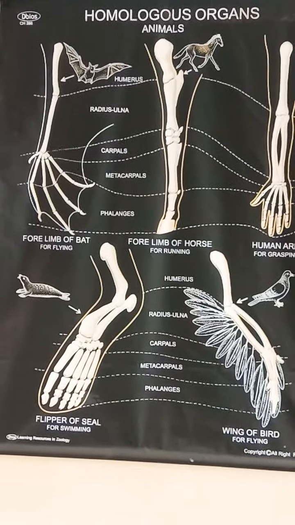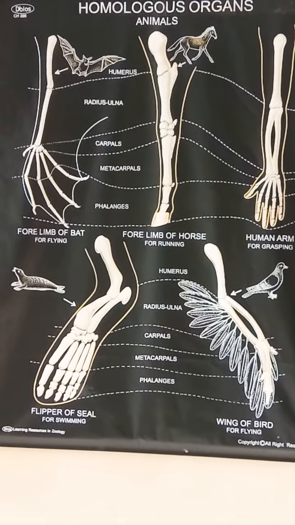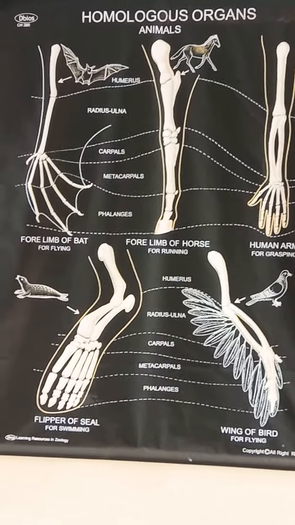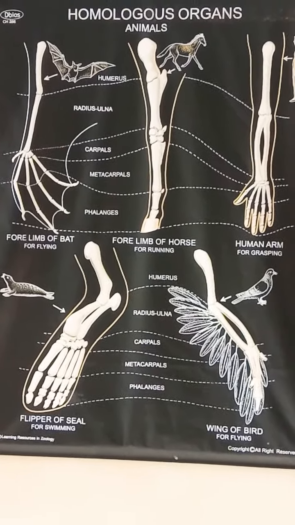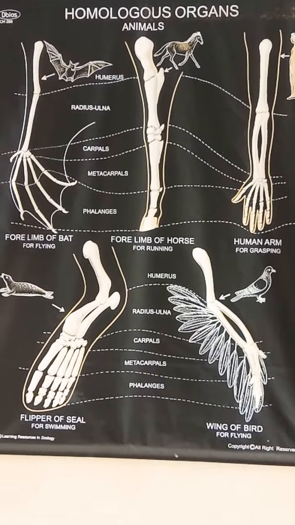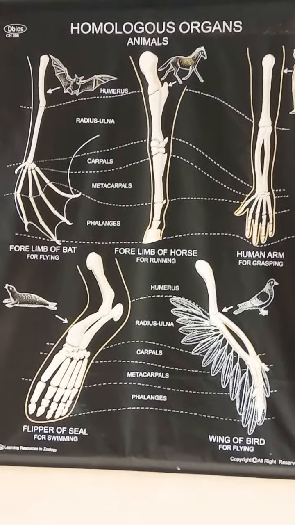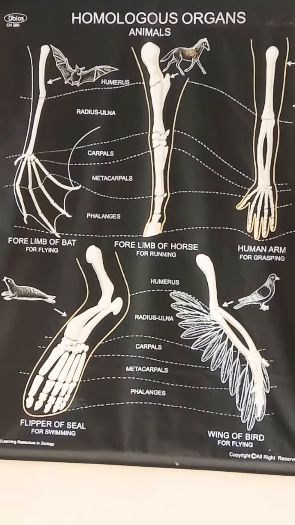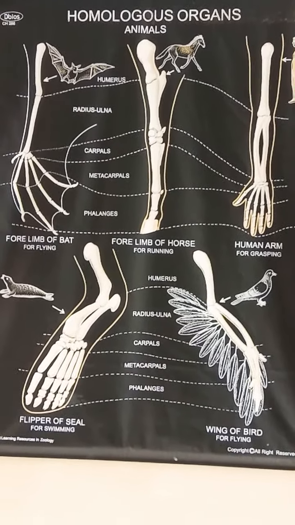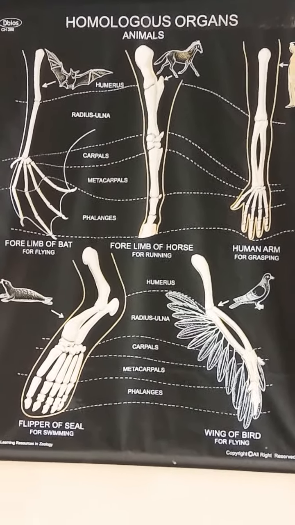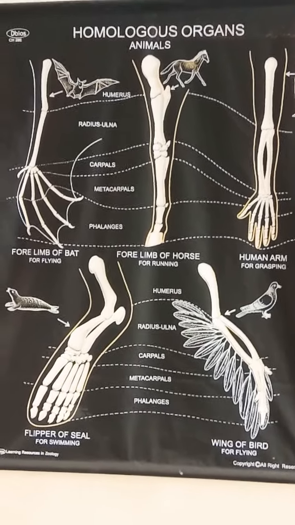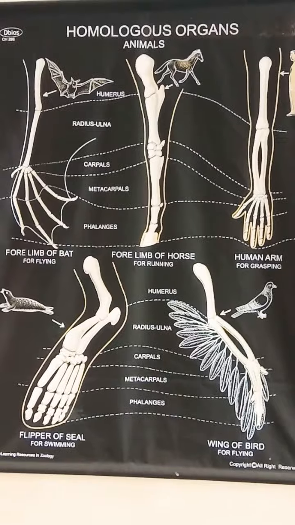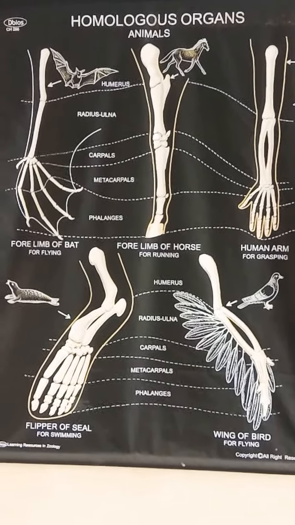As the bat uses its forelimb for flying, horse for running, human for grasping things, flipper for swimming, and wings for flying. Alright, so different animals are using these forelimbs in a different way, but if we see the structure of the bones, that is the same. So the organs that have same structure but different functions are called homologous organs.